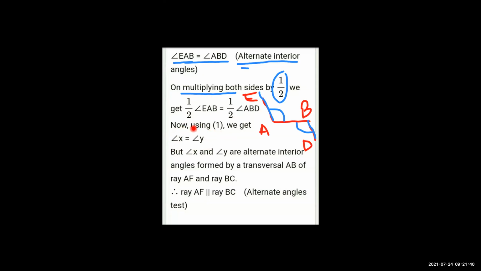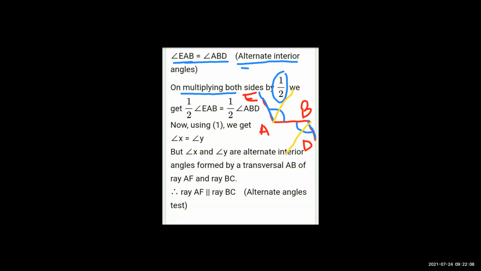But angles X and Y are alternate interior angles formed by the transversal AB of ray AF and ray BC. Now where were those rays? AF was here and BC was here.